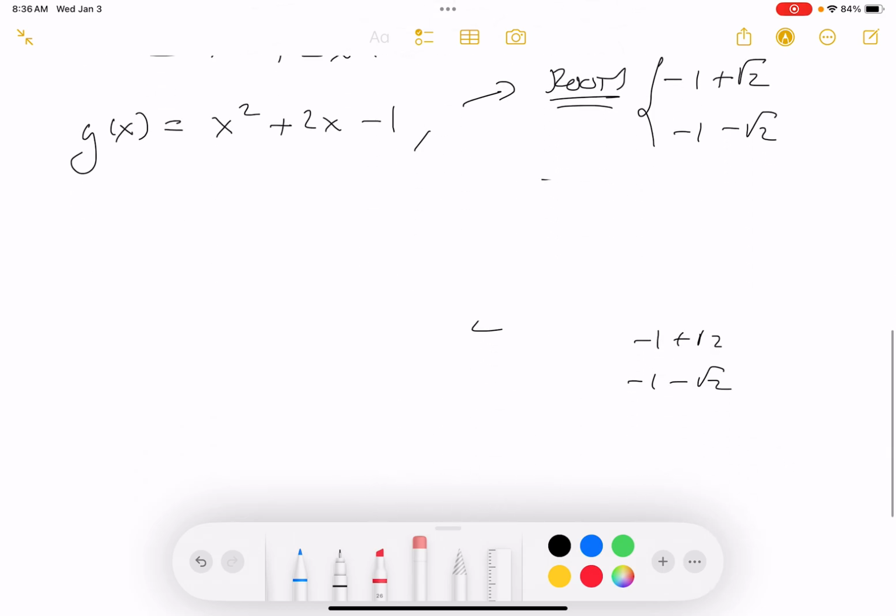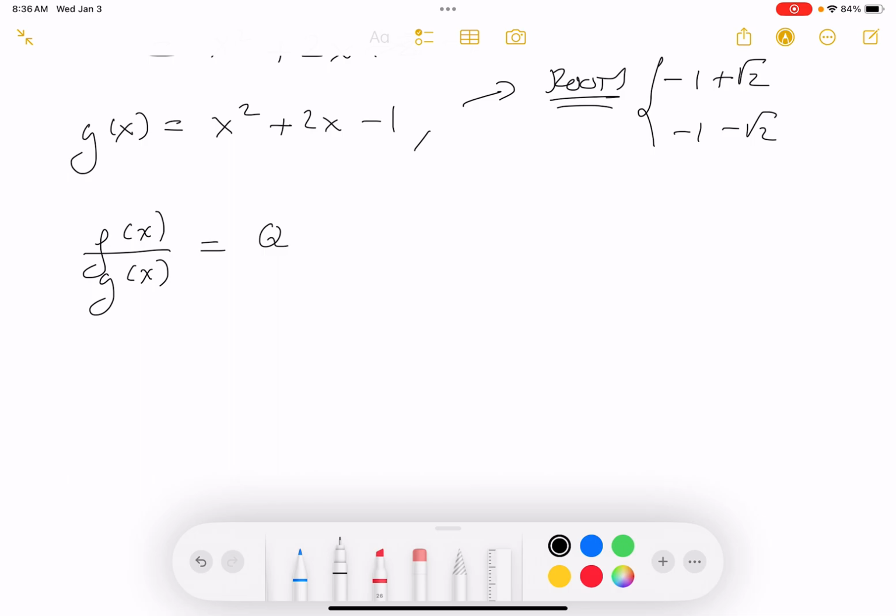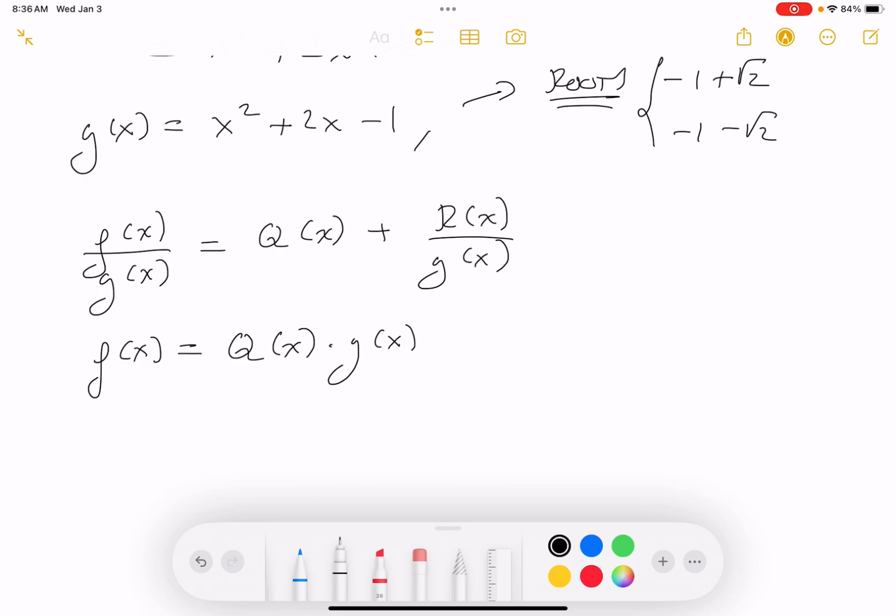All right, let's not lose track of what we have to do, by the way. What I'm going to do now is take f of x divided by g of x. I will get a quotient and I'll get a remainder. Then I'm going to multiply both sides by g of x, and you get q of x times g of x plus r of x. Now I'll tell you what I want to do.